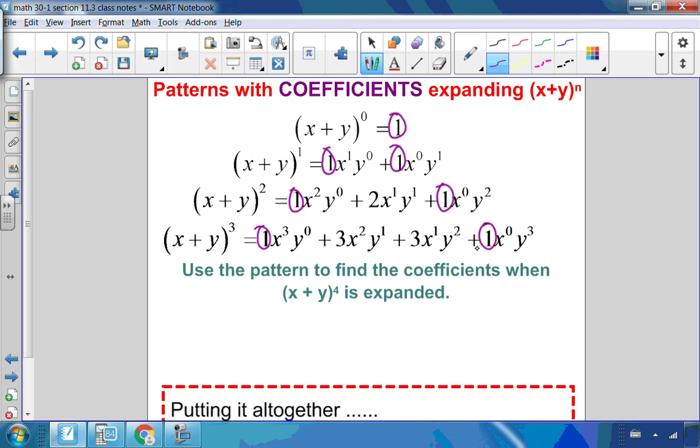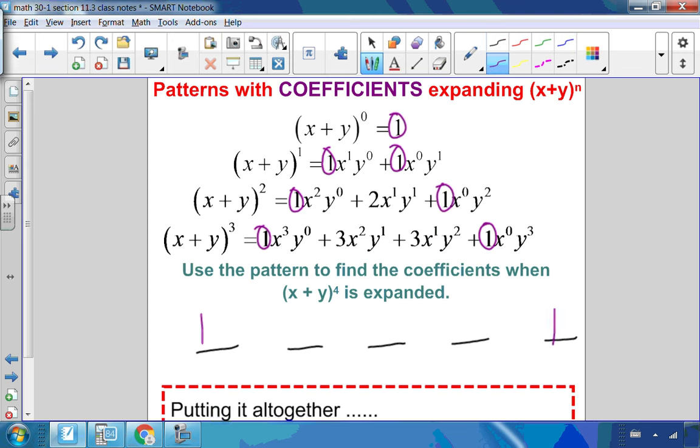So it kind of looks like I'm starting with a 1 and I'm ending with a 1. So when I expand x plus y to the exponent of 4, I know there's going to be 5 terms. We just discovered that. Exponent plus 1. So I'm going to have 1, 2, 3, 4, 5 terms. And based on this pattern, I know I'm going to start and end with a 1.